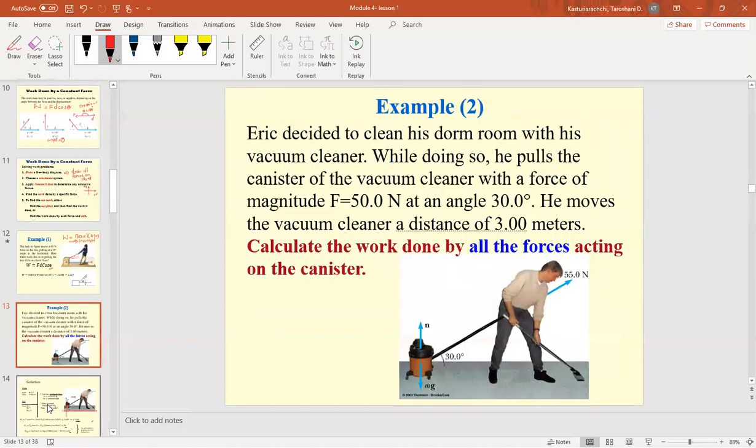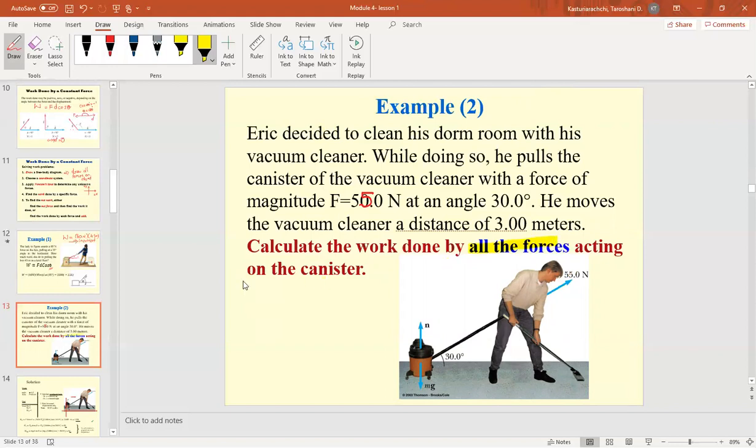Let's look here. He pulls the canister vacuum cleaner with a force of 55 newtons at an angle of 30 degrees. He moves the vacuum cleaner a distance of 3 meters. Calculate the work done by all the forces acting on the canister.